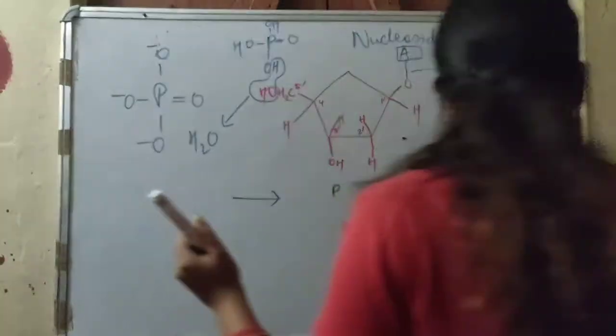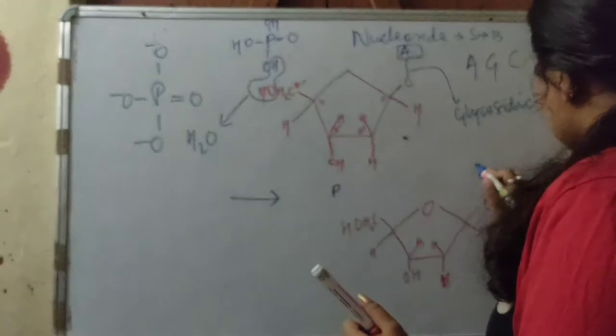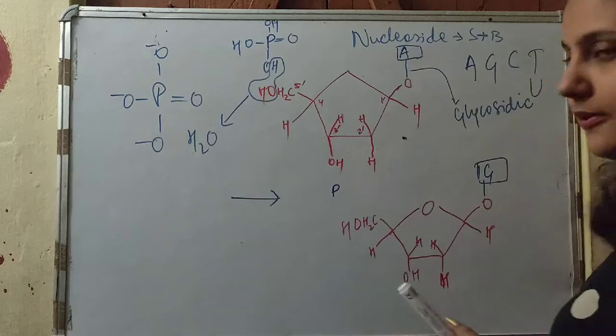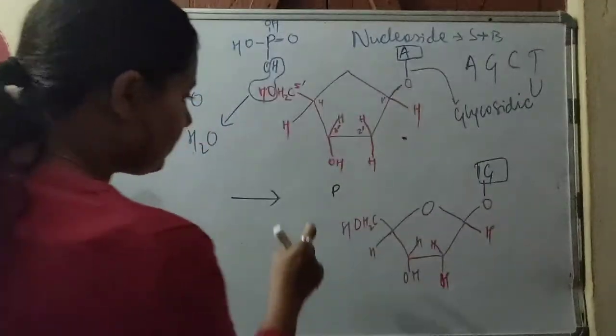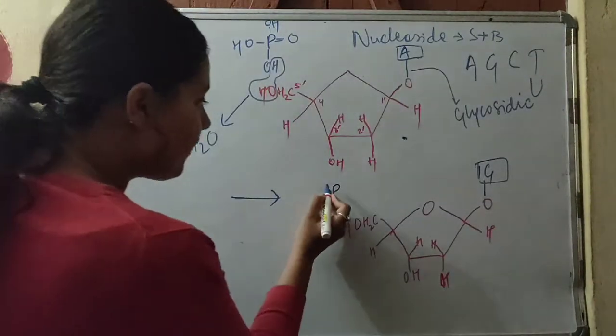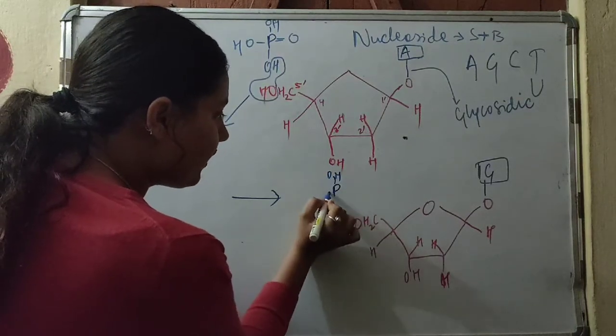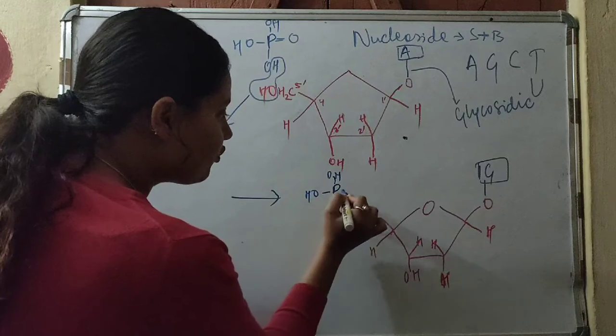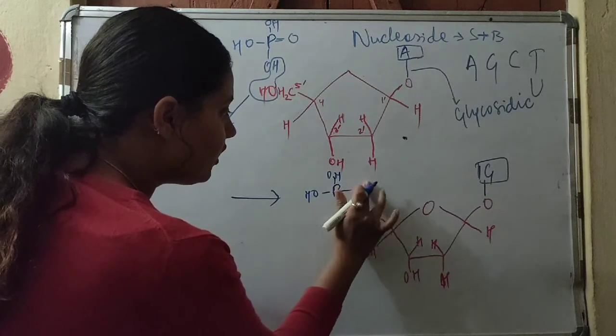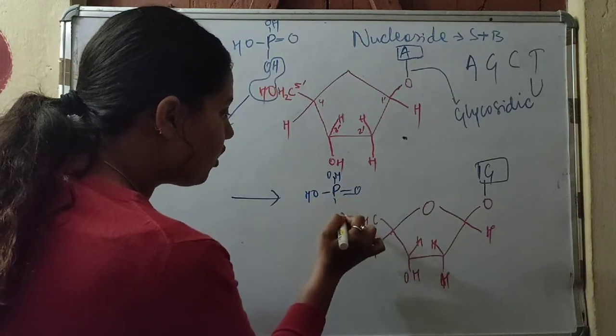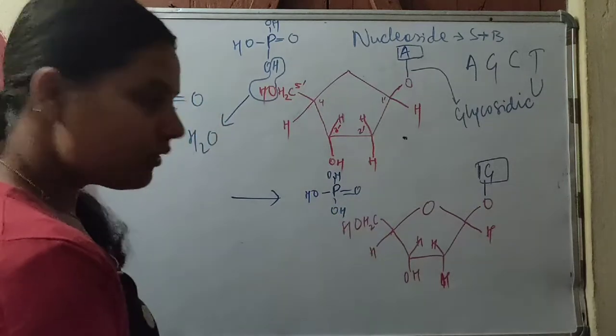Now here I am having another base, for example guanine. All right, now another phosphate will come, then these will have OH, and this will have OH, this will have O only double bond, and this will have OH again, right?